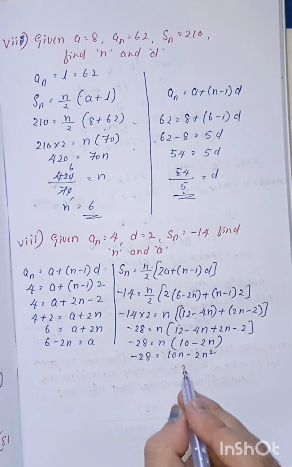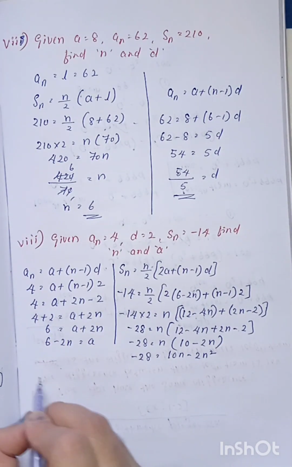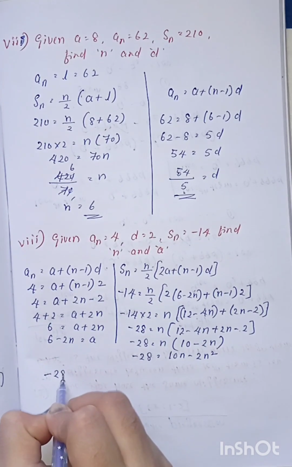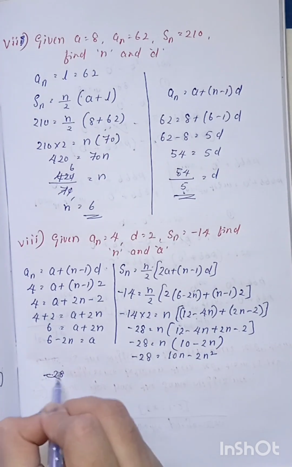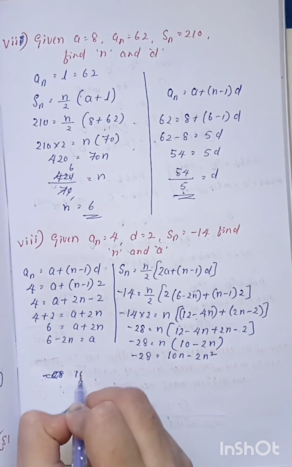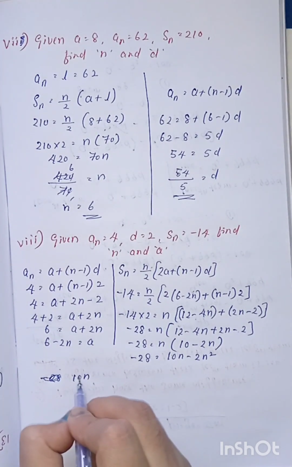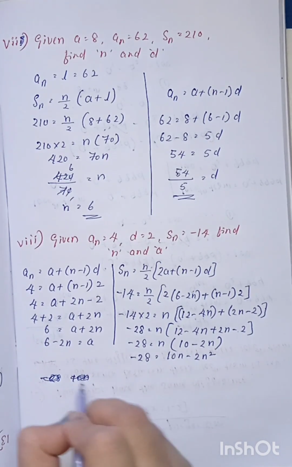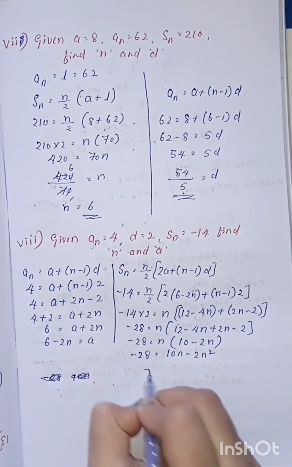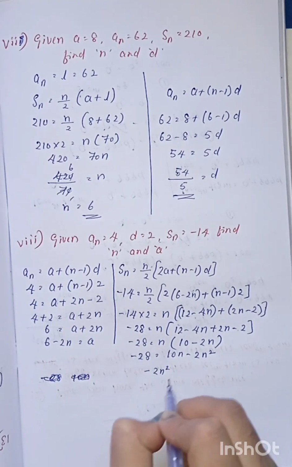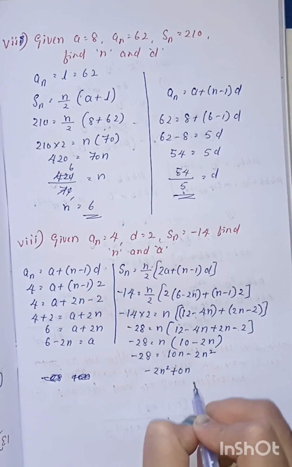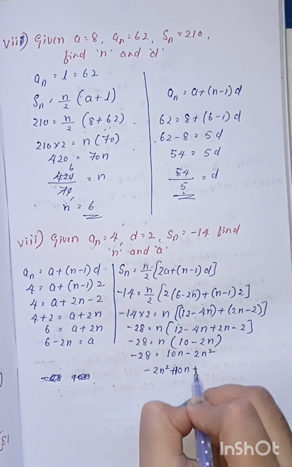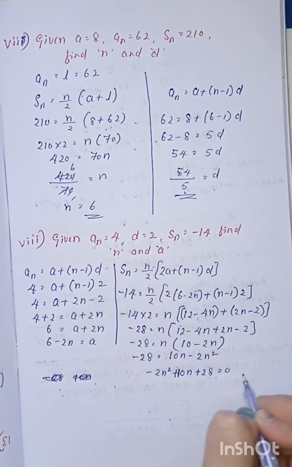You can write it in this manner: minus 2n square plus 10n, bring 28 here, it becomes plus 28 equals 0.